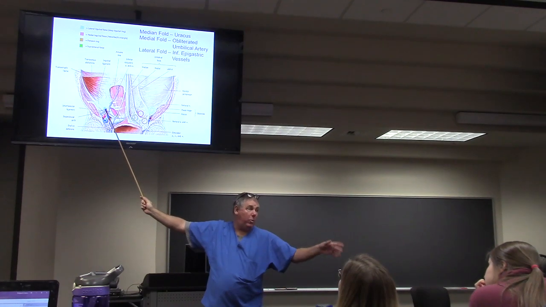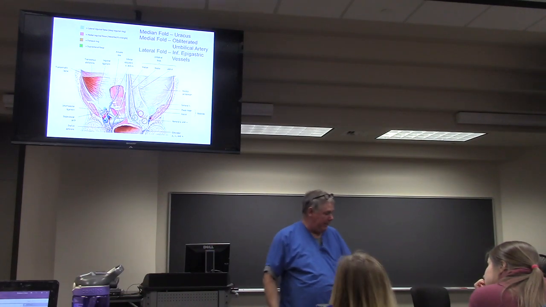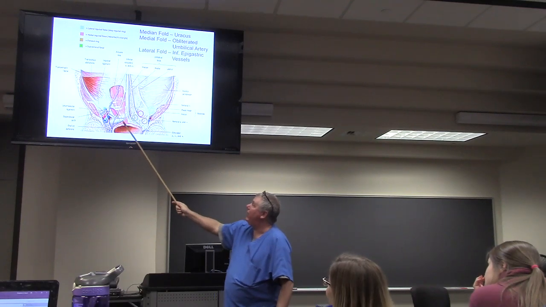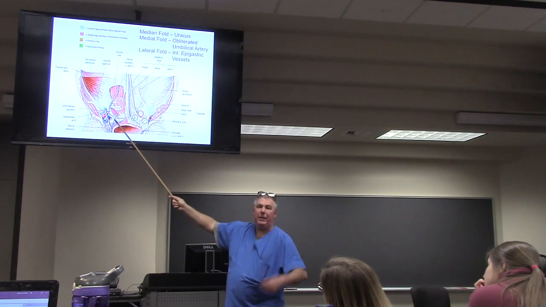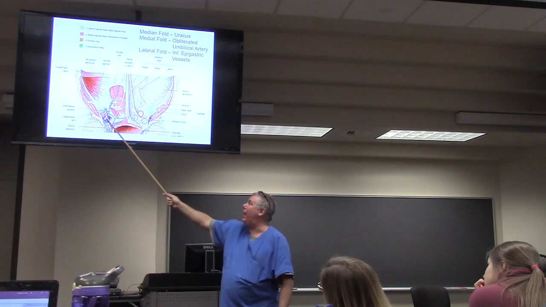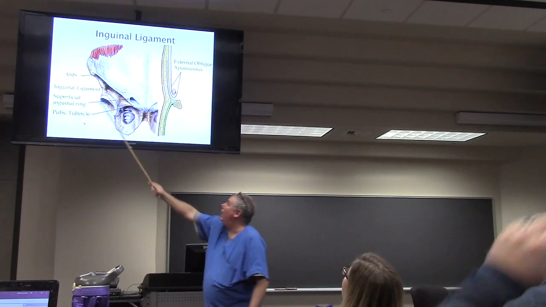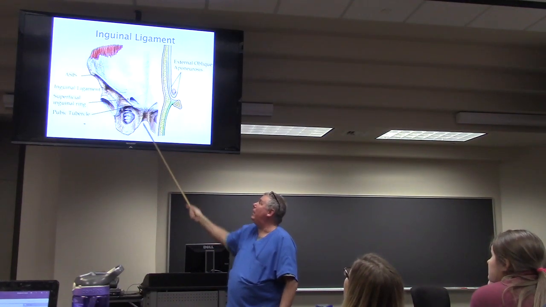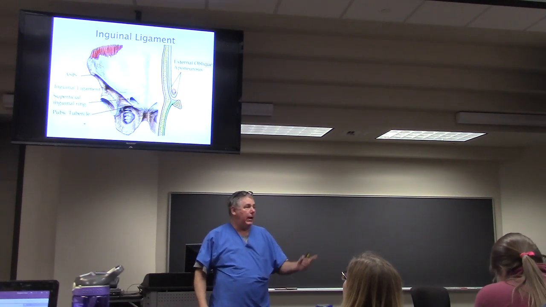You understand what the deep ring is? They get pulled through here. Here's the inguinal canal from the inside. They get pulled through the deep ring, down the inguinal canal, and out the superficial ring into the scrotum. That's how the testes get there. That's how we would get there.